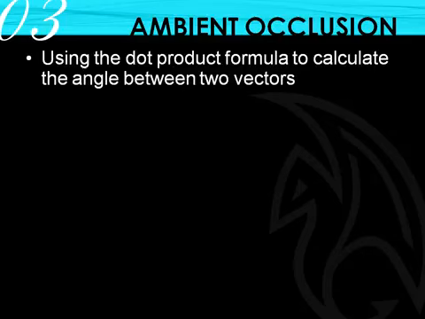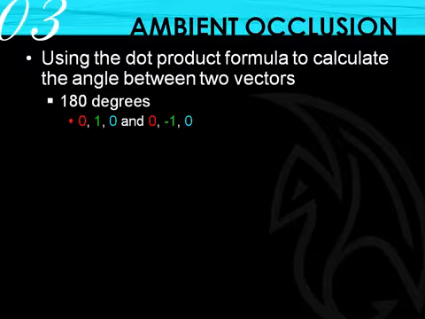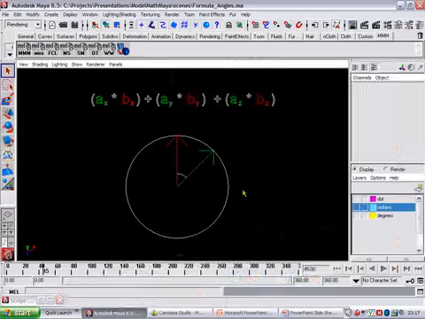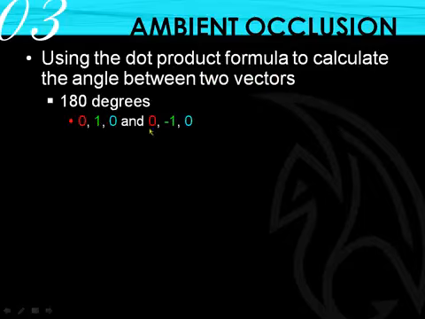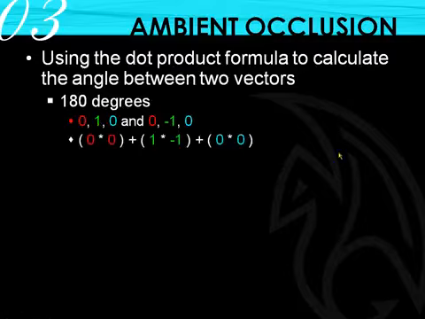So here, for example, we could use dot product to calculate the angle between 2 vectors. So 180 degrees. Let's say we had 2 vectors, one that pointed straight up and one that pointed straight down. So let's go ahead and look at that in the chart here. We're going to move this to 180 degrees, and we have something like this. So let's say we have one pointing straight up in the y and one pointing straight down, -1 in the y. Okay? So we would do 0 times 0, 1 times -1, and 0 times 0.